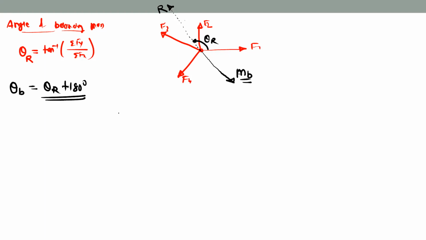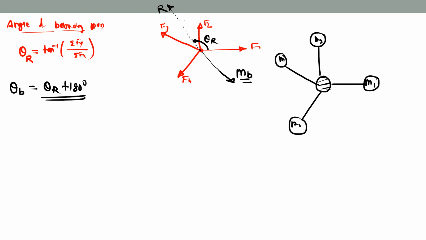Okay. So in the mass diagram, this is the shaft and we have the masses M1, then M2, then M3, and M4. We should add the balancing mass in this direction.